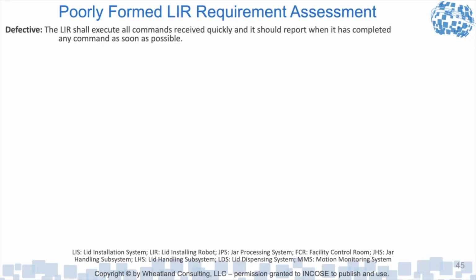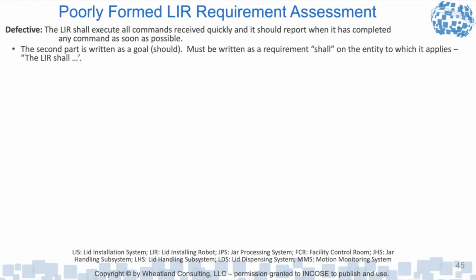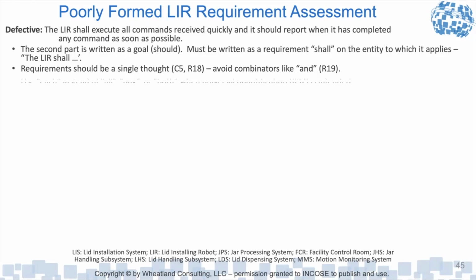The LIR shall execute all commands received quickly and should report when it has completed any command as soon as possible. The second part is written as a goal, should. It must be written as a requirement, shall, of the entity to which it applies: the LIR shall. Requirements should be single thought, so avoid the use of combiners like and.